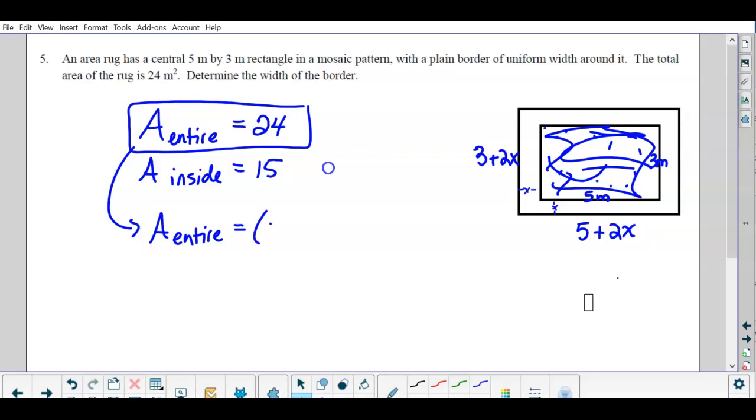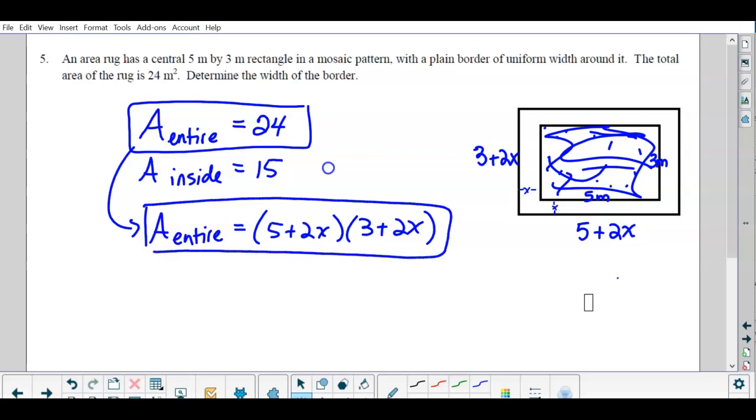It's length times width. Okay, and so those have to be equal to each other. So there's your equation. So 24 equals 5 plus 2x times 3 plus 2x. Okay, so now expand that out. Like terms with one side equal to 0.